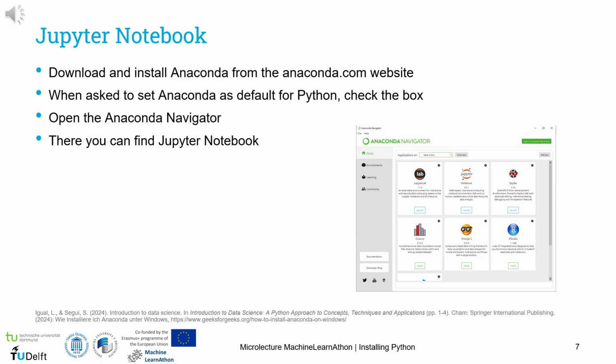And then you can open the Anaconda Navigator, and this has different kinds of functions. You could also apply RStudio, which is the software to run R, the other programming language I was earlier talking about. But it also includes the Jupyter Notebook, so you can open it via the Anaconda Navigator, and then you can start coding in your notebooks.